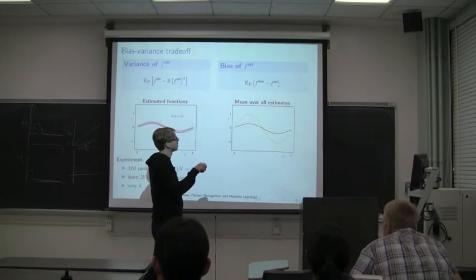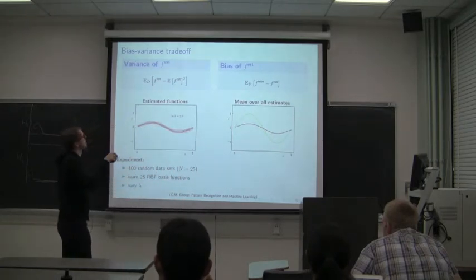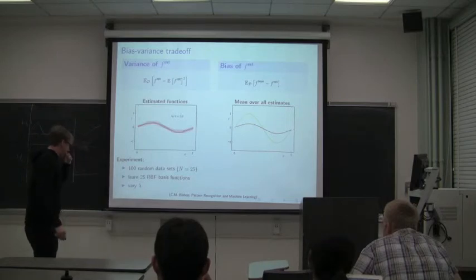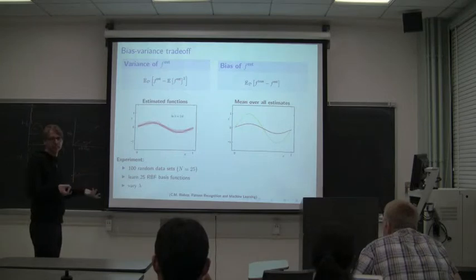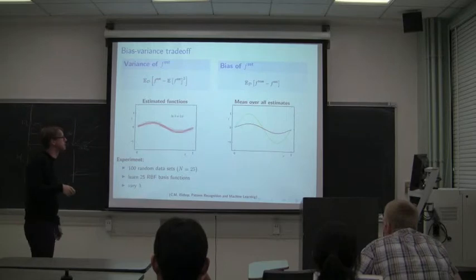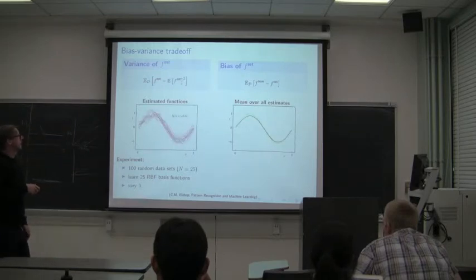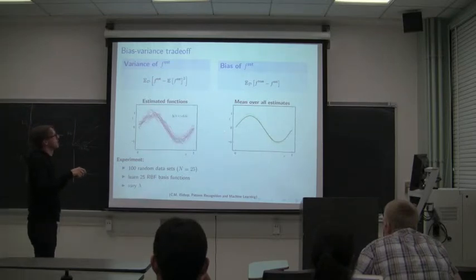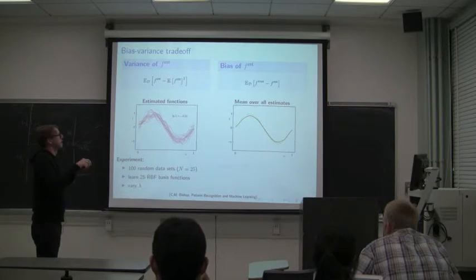So here we observe that for this large lambda value we have quite a bit of bias, because the difference between the true function and the average is large. So it's bias of the estimate towards 0 and very small variance. If we decrease the lambda, then we get less bias, but larger variance.